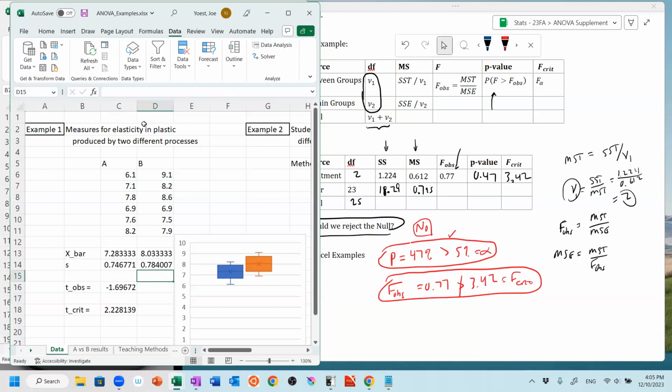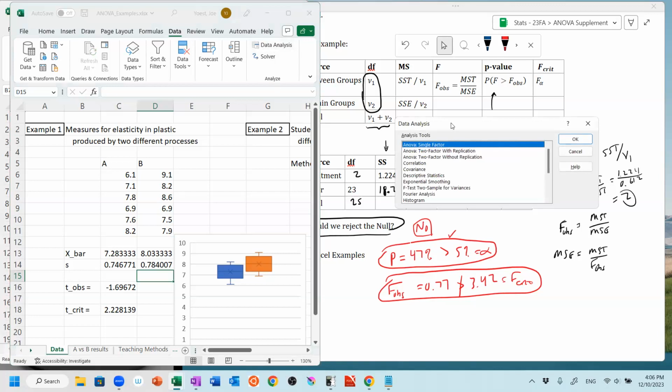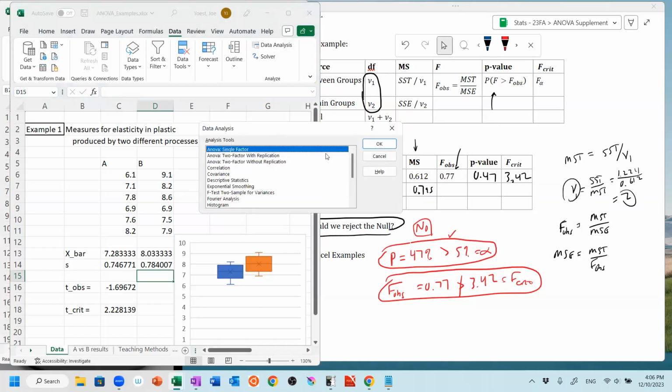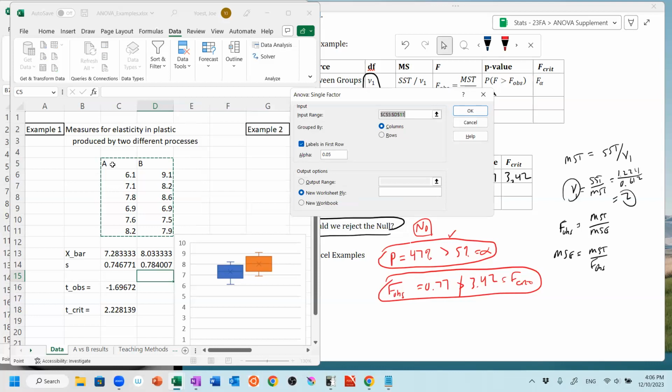Now, if I wanted to take the ANOVA approach, I would go up to my banner and go to the data tab and then data analysis. At the very top, there's single factor ANOVA. Don't pick either of the other ANOVAs, the 2 factors, just single factor ANOVA. Hit OK. The input range is all of the data I'm looking at, all of the different groups.